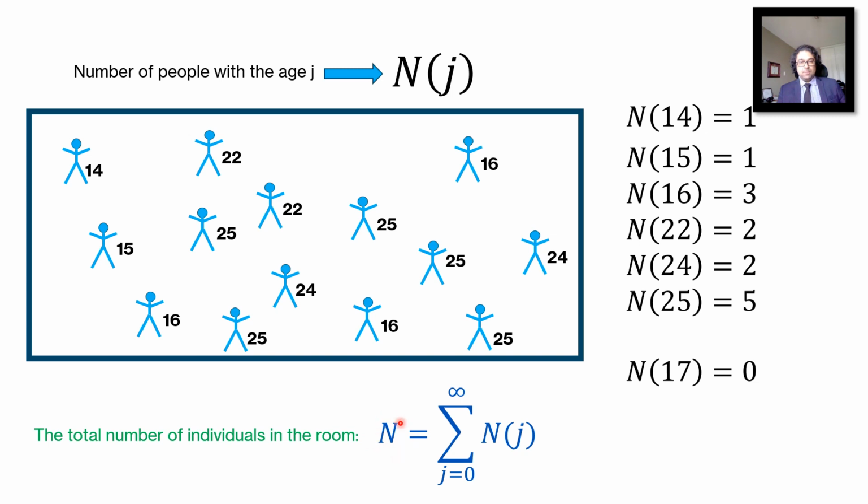So N is the number of total individuals, n of j is the number of individuals with the age j, and this sigma is the summation symbol, which just simply says to sum up all of these ages. Okay. For example, in our particular distribution of students, the total number of individuals is 14. If I sum up all of these numbers, I'll end up with 14.